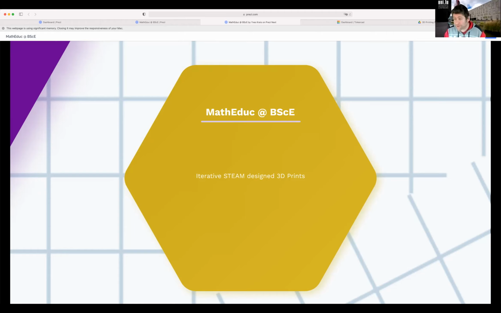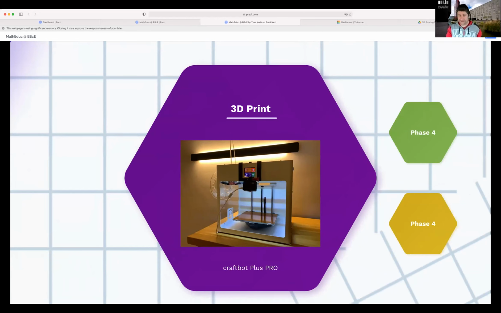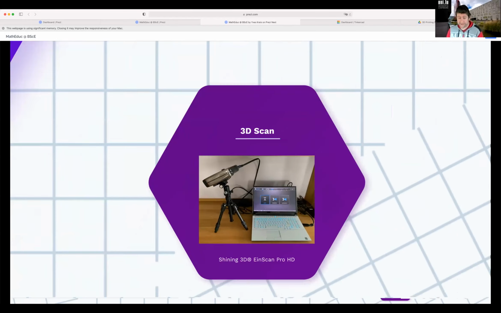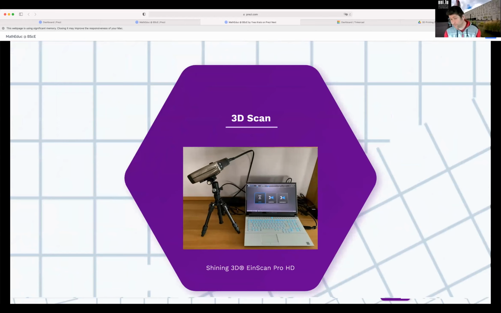So we will report on this as soon as the students are finished and we have more detail. And the last thing, which we have also just started this year, a few weeks ago, is what is missing so far, the 3D scan.